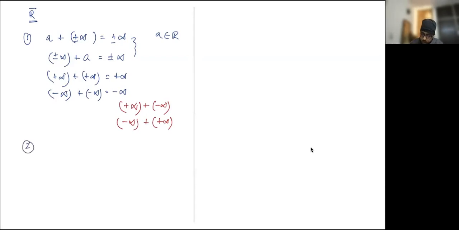When it comes to multiplication, what are the rules?